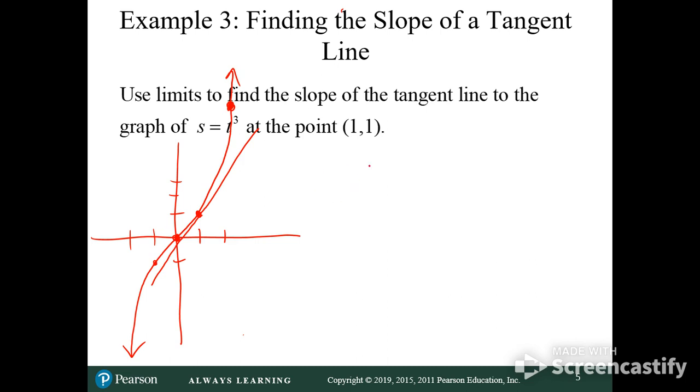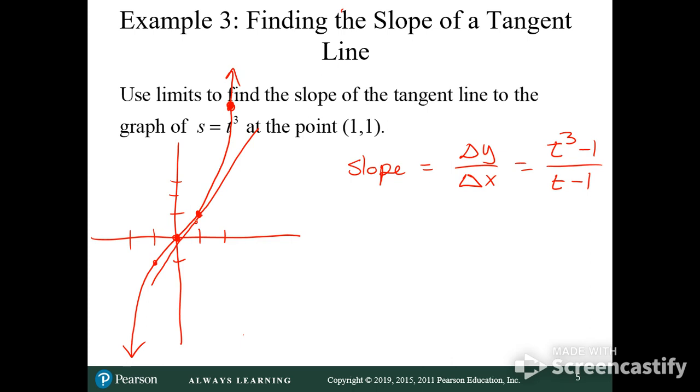So the slope equals the change in y over the change in x. Rise over run, right? Well, the change in y goes from t cubed minus 1, over the change in x, which is t minus 1. And you go, well, where did you get that from?